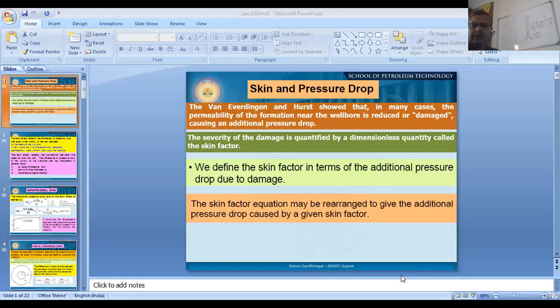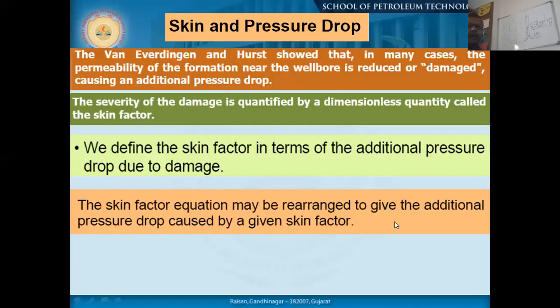Now you see there is a skin factor in terms of the additional pressure drop due to damage, or maybe you may have a stimulated well where you will get a certain effect. So this is what we got initially.